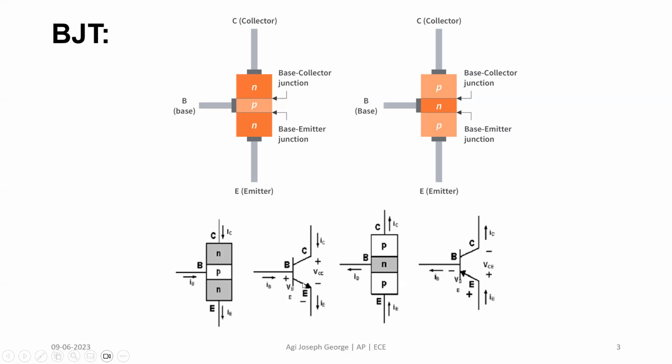That is how the conventional flow is shown. In the case of PNP, you can see the arrowhead is shown inside, showing that the positive to negative current flow is like that.